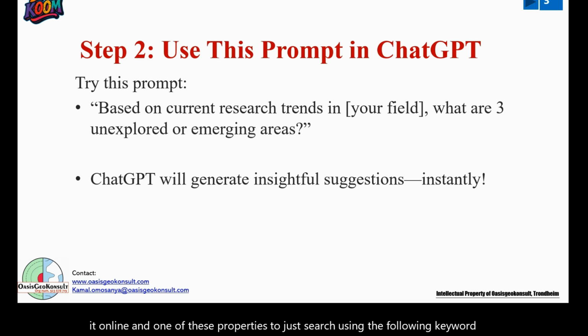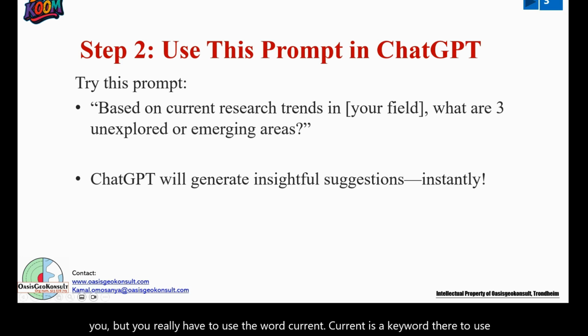There are no limits to whatever you want to search for. Maybe you want to search for 3 unexplored or emerging areas in the field of seismology or something like that. And then you can say 5, you can say 10, it's up to you. But you really have to use the word current. Current is a keyword there to use for the research.